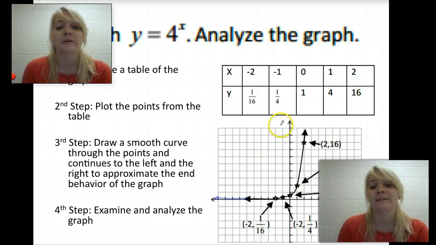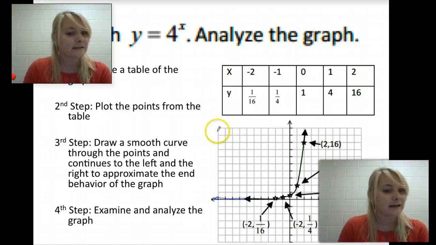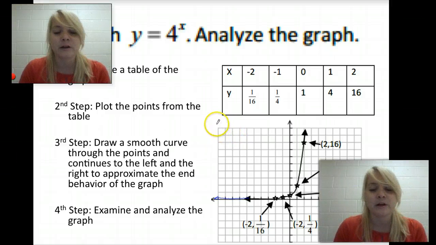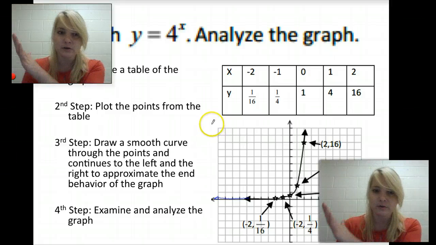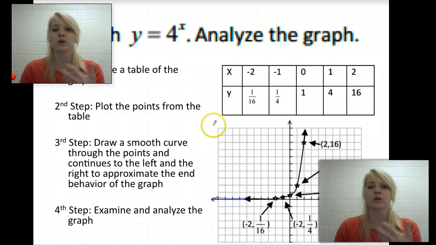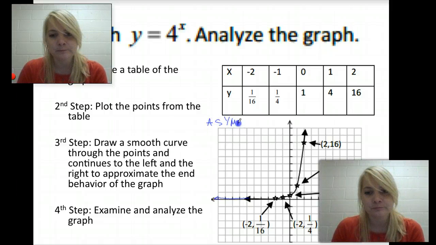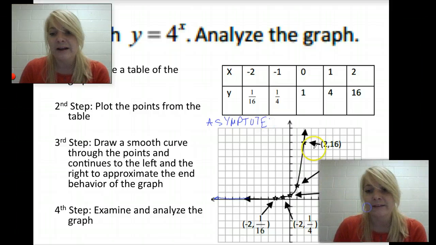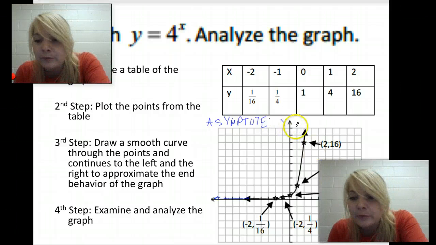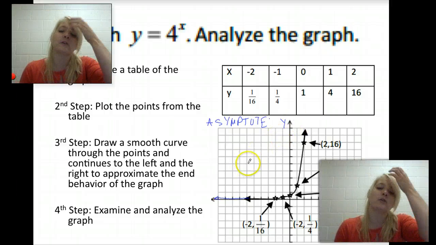And our fourth step, we're going to examine and analyze the graph. Now, the way we want to analyze, I first want to take a look at the asymptote. So asymptote, keep in mind, that's the line that your graph approaches more and more closely but never touches. And for this particular function, our asymptote is our x-axis here. So it's approaching that value, but it never quite touches it.